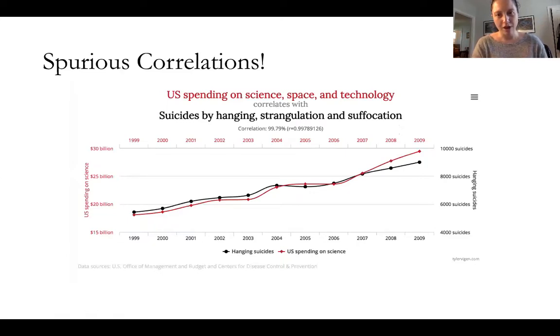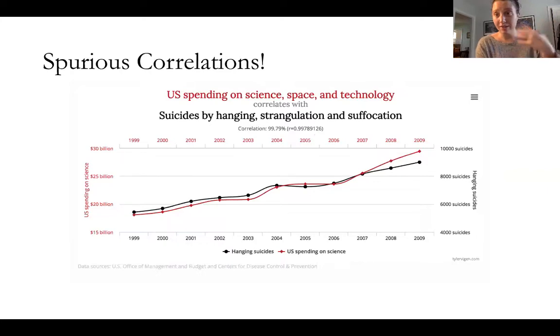So look at this graphic. This is the amount that the US spends on science, space, and technology each year, and it correlates with the number of suicides by hanging, strangulation, and suffocation. Look at that Pearson's R right there in the middle. It says it correlates at 0.99. That's as strong of a correlation as you're ever going to see.